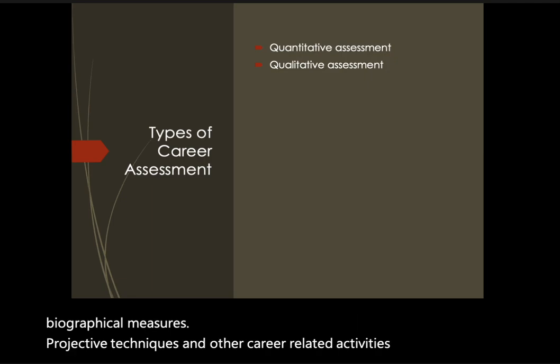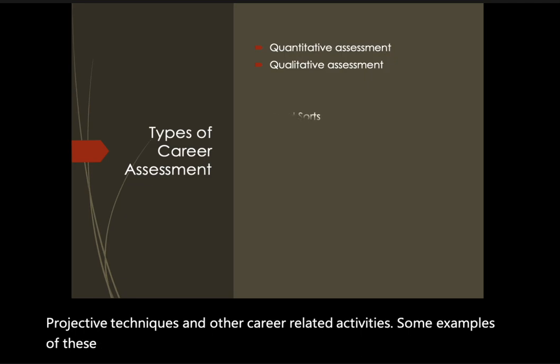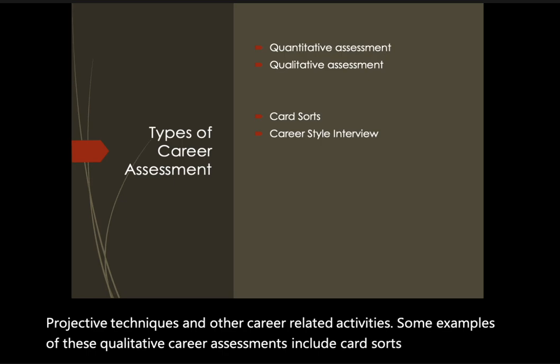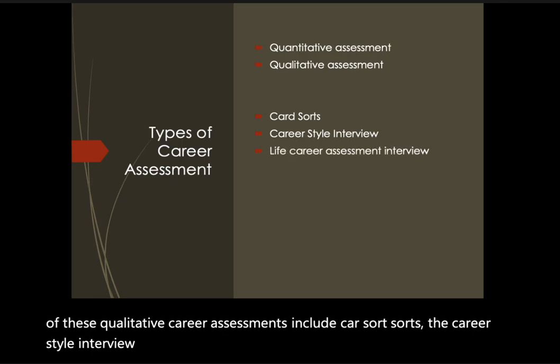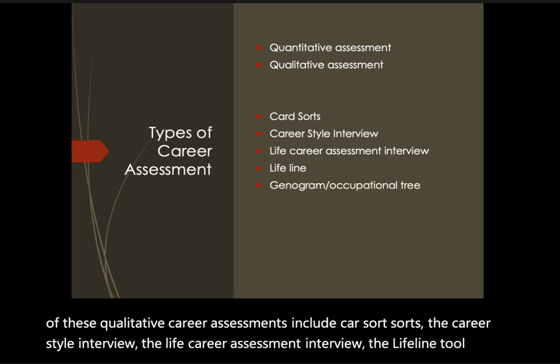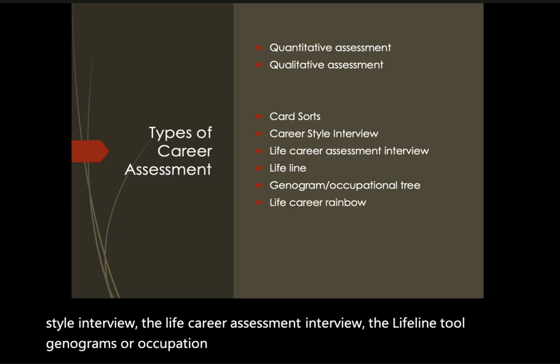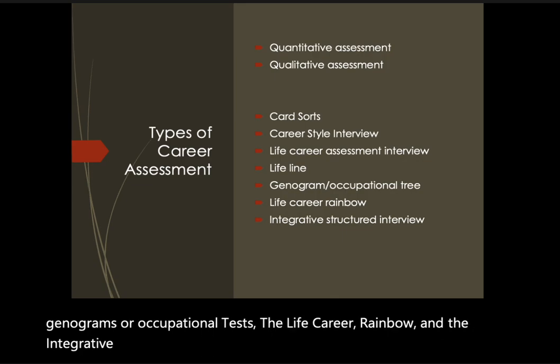Some examples of these qualitative career assessments include card sorts, the career style interview, the life career assessment interview, the Lifeline tool, genograms or occupational tests, the life career rainbow, and the integrative structured interview.